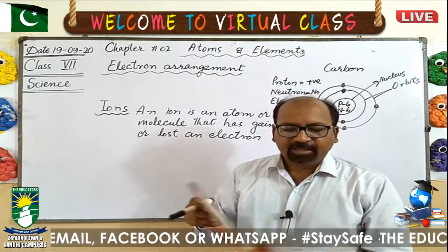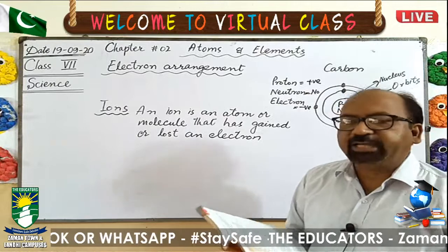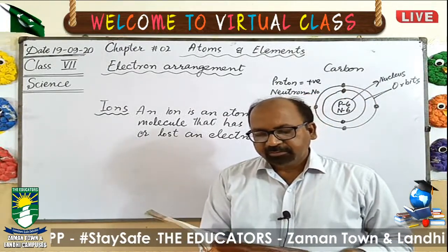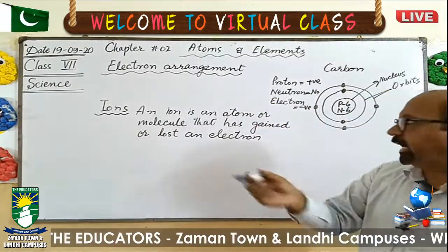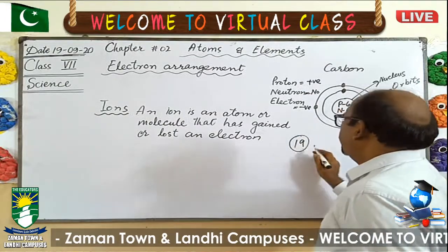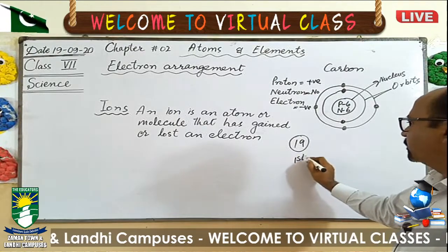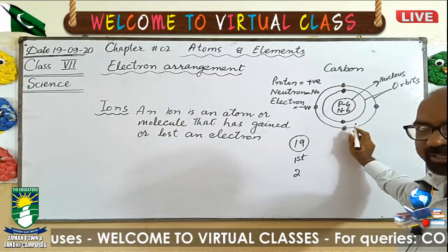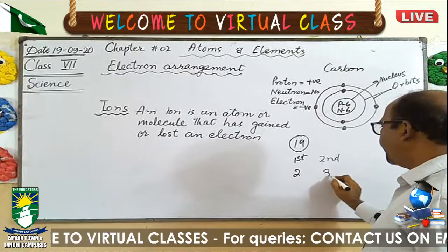Let's see the next one. For example, potassium. Potassium has 19 electrons. So what will be the arrangement? In the first orbit, there will be 2. In the second orbit, there will be 8.